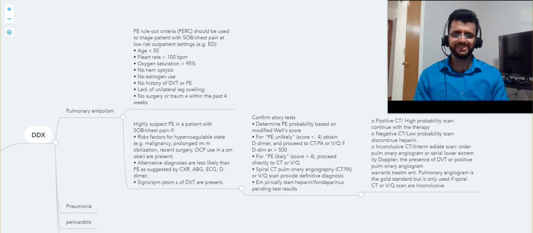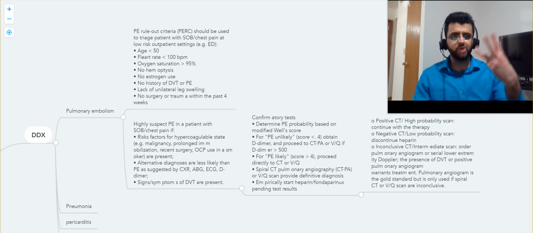Another thing, if there is any calf swelling, any history of immobilization, or if the signs and symptoms are mainly showing a DVT. Excellent.